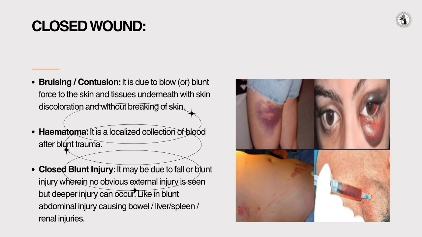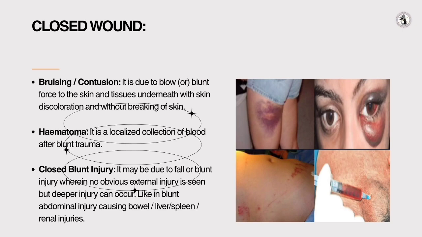Now we will see what the closed wounds are. Closed wounds are those types of wounds which have bulging out of the skin or a surface which is wounded but not exposed to the outside. So we have bruising or contusions included in that, along with hematoma and closed blunt injuries.